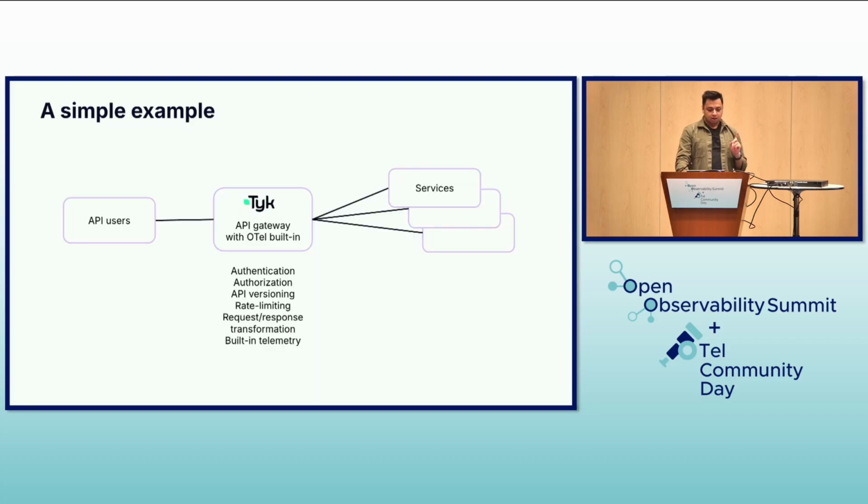So a little bit of an insight into some of the really, really simple setups that you can use as a basis for some of the points that I'm going to be making: your API users, API gateways, and then your services. At that gateway level, what we're using OTel for is authentication, authorization, rate limiting, some of the security capabilities, some of the governance capabilities, all of that brought in at that gateway level.